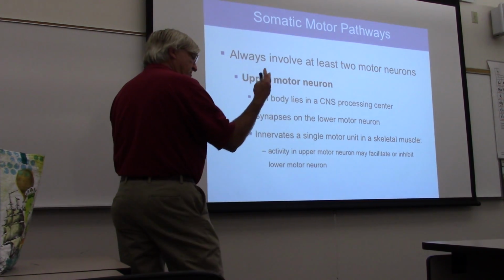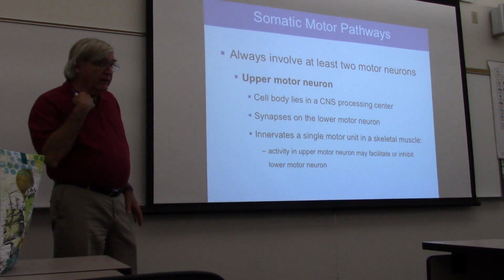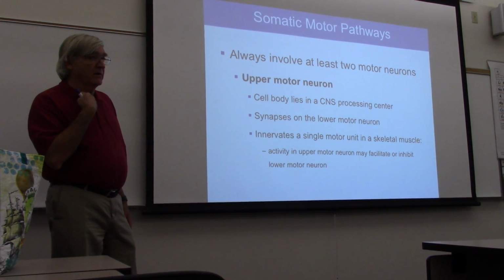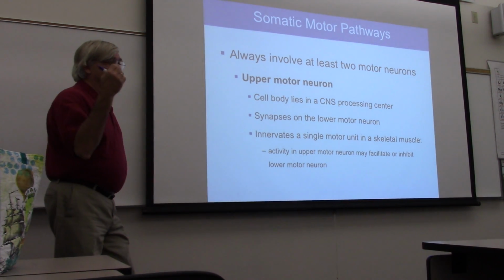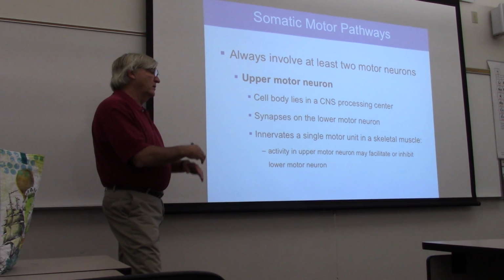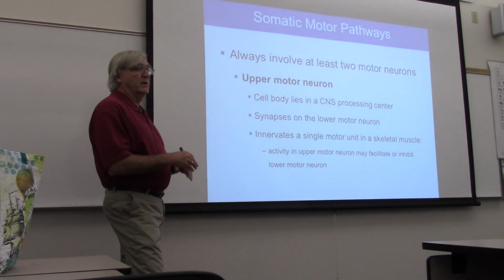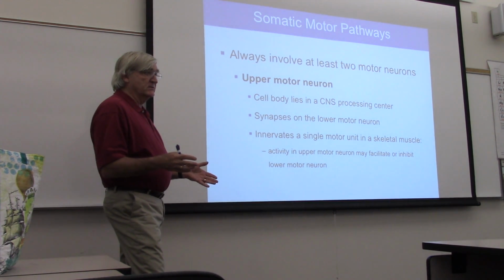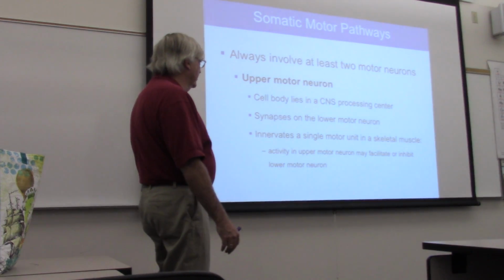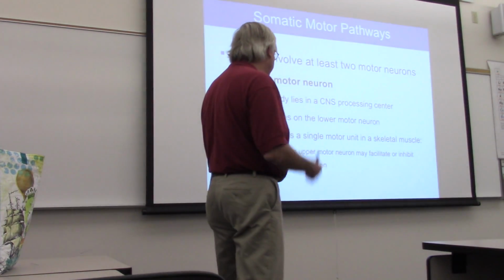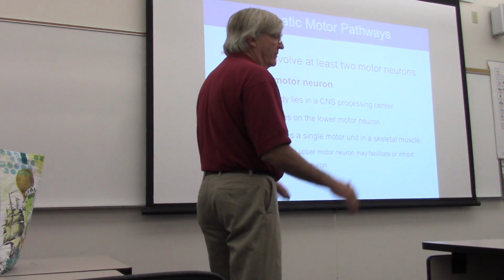Okay, so there's only two of them. Now, if somebody breaks their neck and severs their spinal cord, they've damaged their lower motor neuron. And indeed, when you damage your lower motor neuron, you can't get any messages through at all. So you become paralyzed and flaccid. You can't move anything below that point.